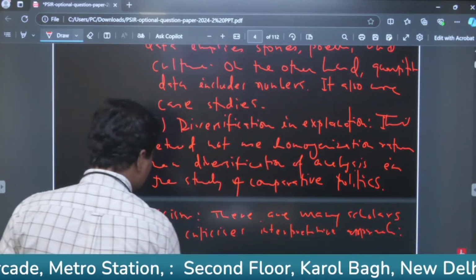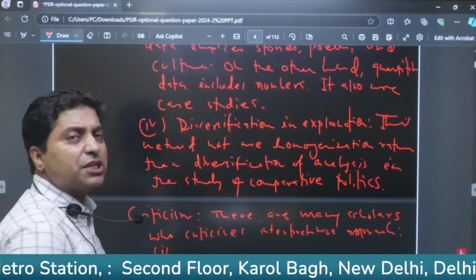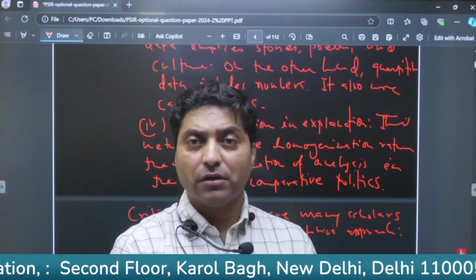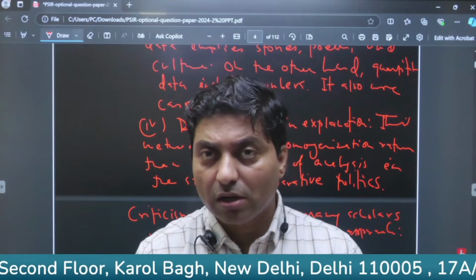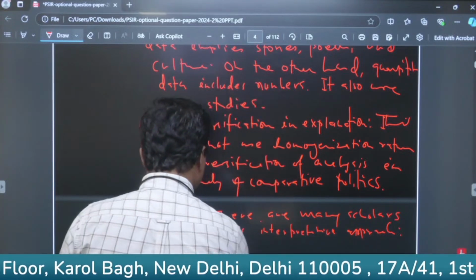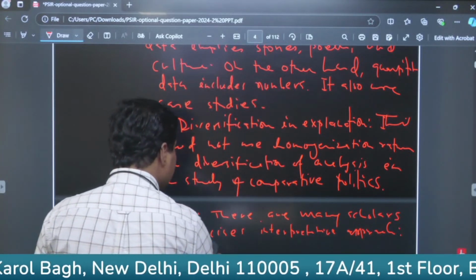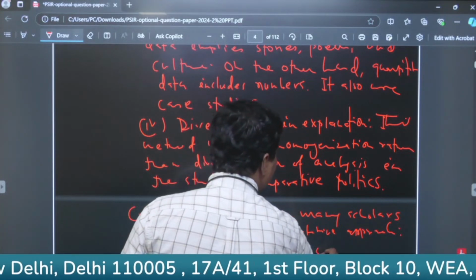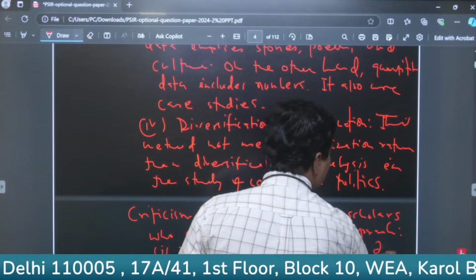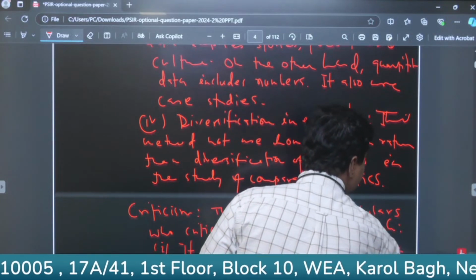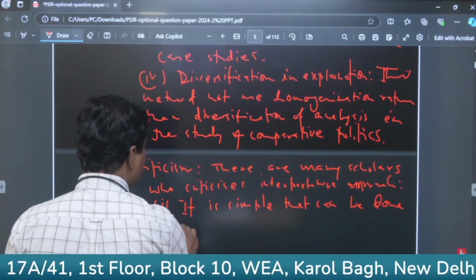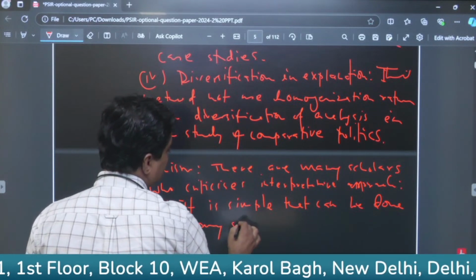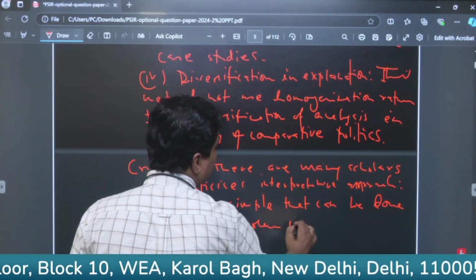First, it is a simple general story that can be done by any scholar, right, in a given local context.